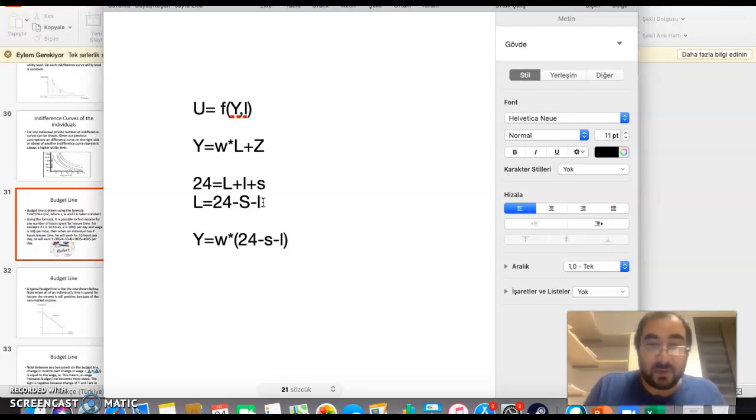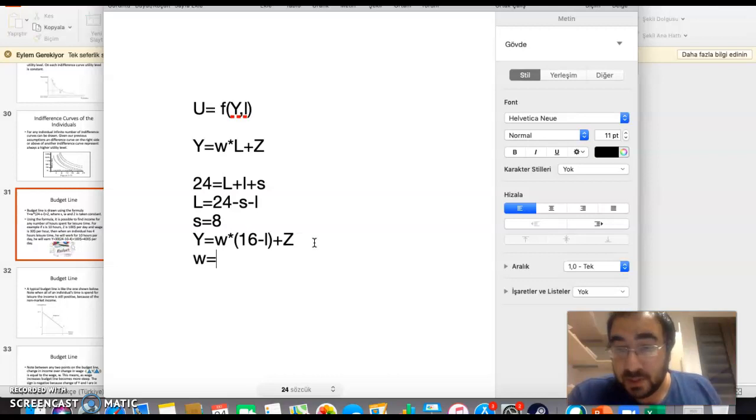And note that this S is a constant. So let's say for our purpose S is equal to 8 hours. So let's make this 16 hours minus L, basically, plus Z would be our budget line. So for example, wage is also usually constant, given, it doesn't depend on the individual, but it depends on the outside conditions of the individual.